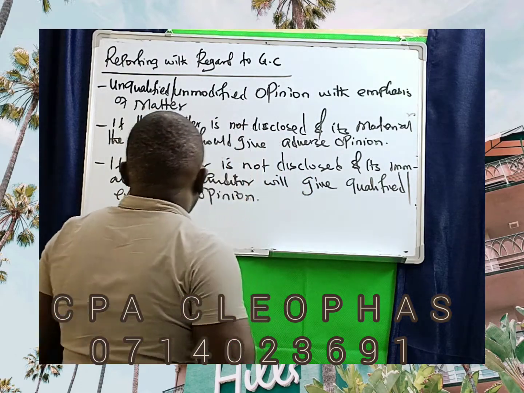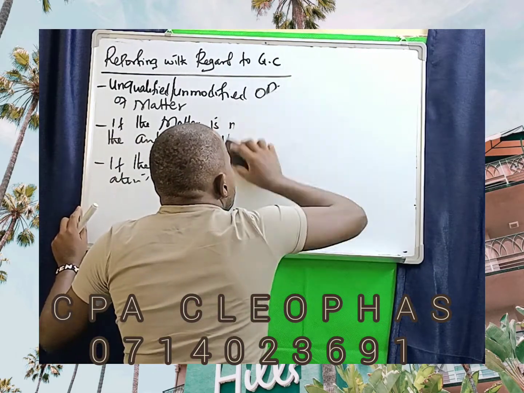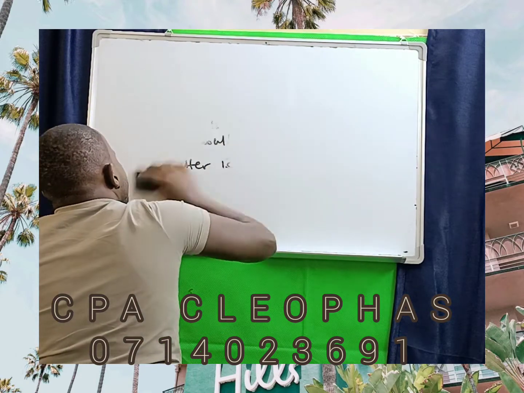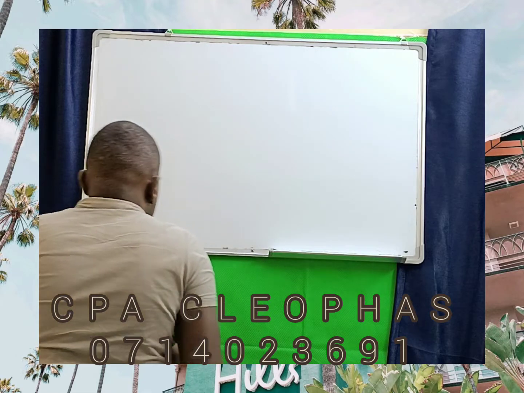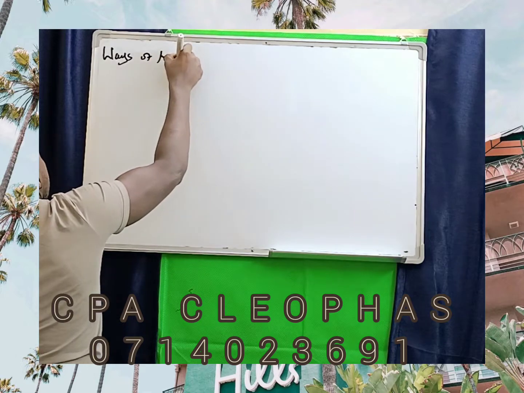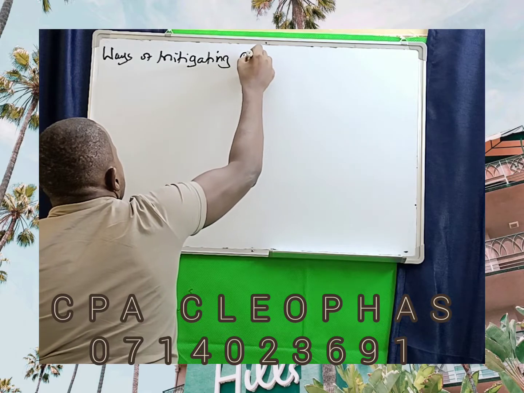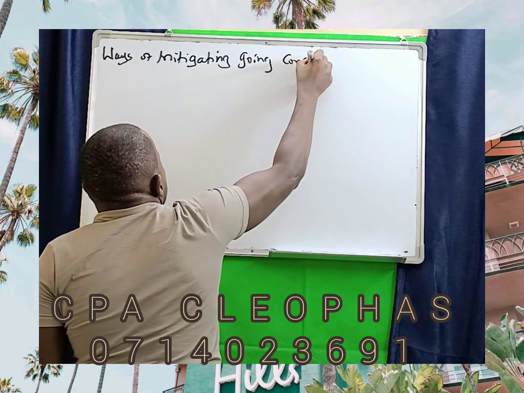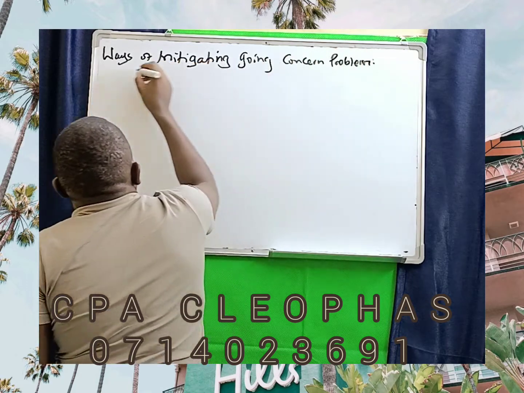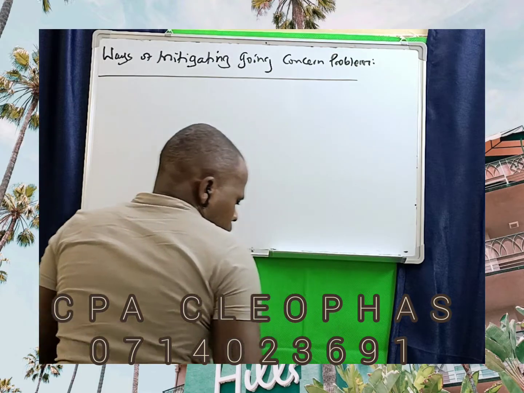Ways of mitigating going concern problem is what I want to cover. If there is a problem in the company with respect to going concern, what will you do as the auditor?